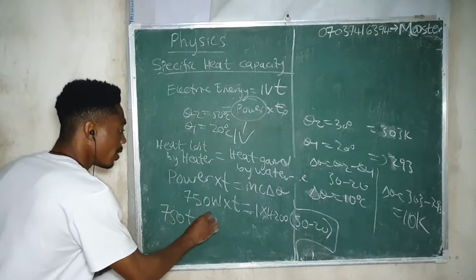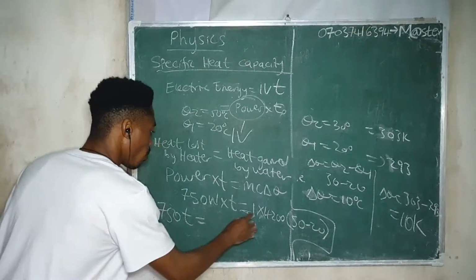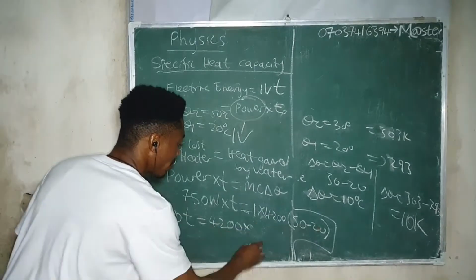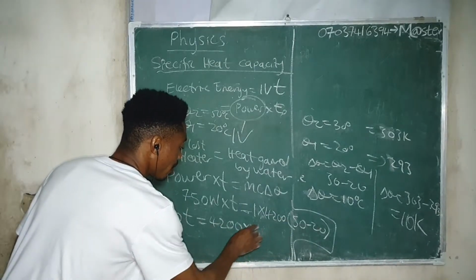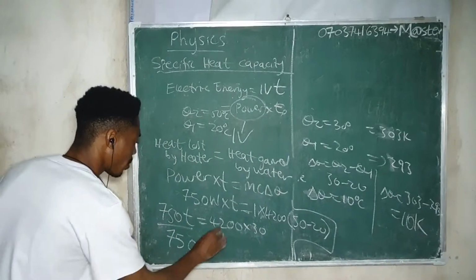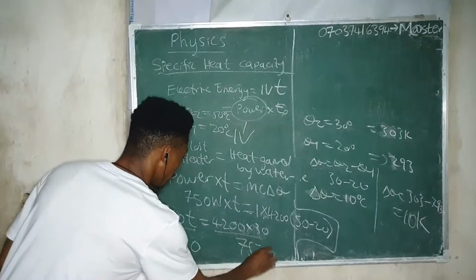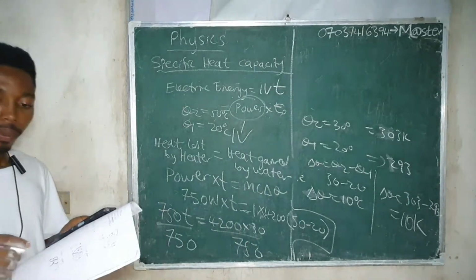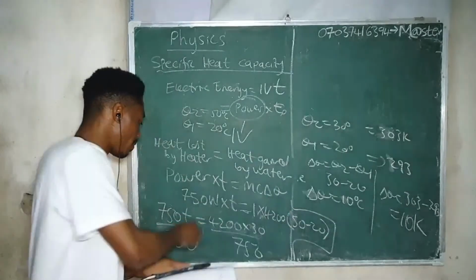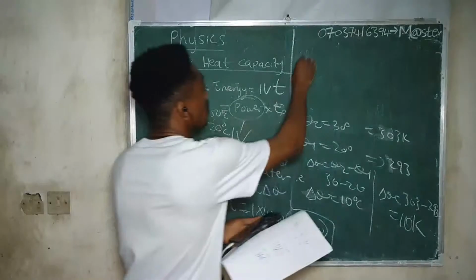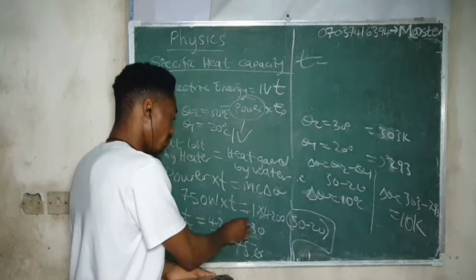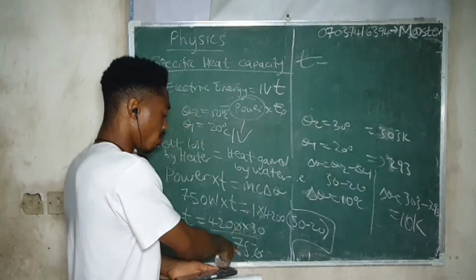750T equals 1 times 4,200 times 50 minus 20, that is 30. To find T, I'll divide both sides by 750. So the 0 cancels 0, and T equals 420 times 30 all over 75.